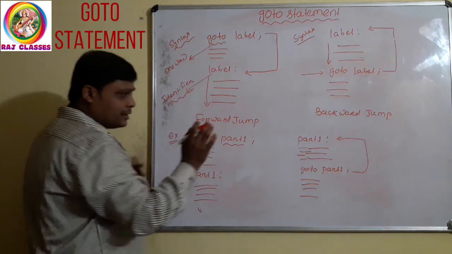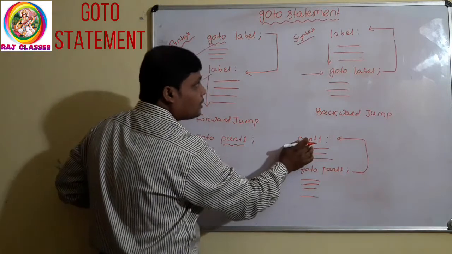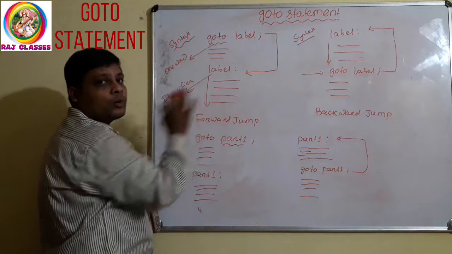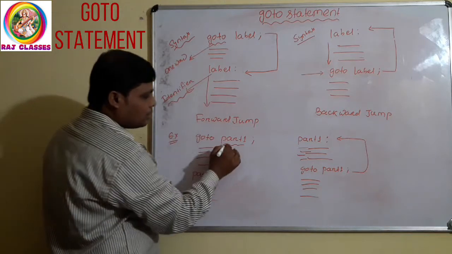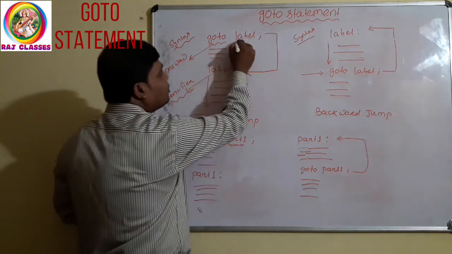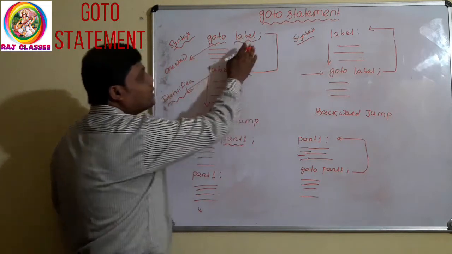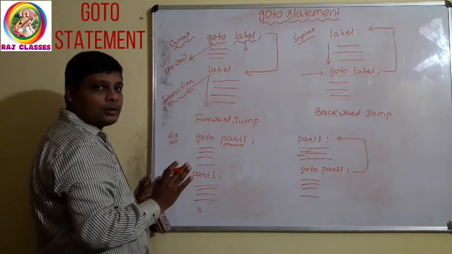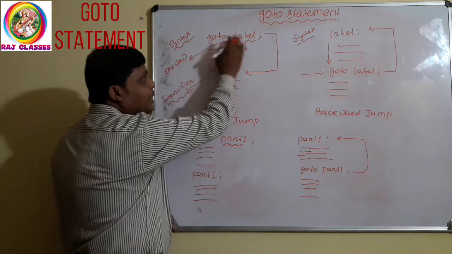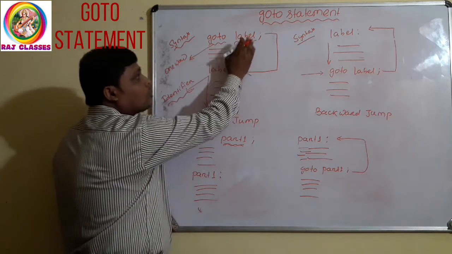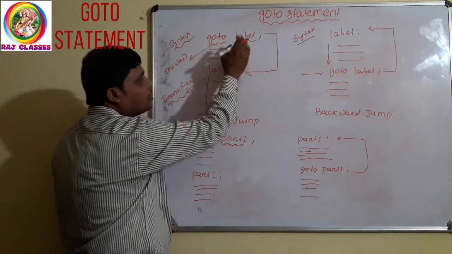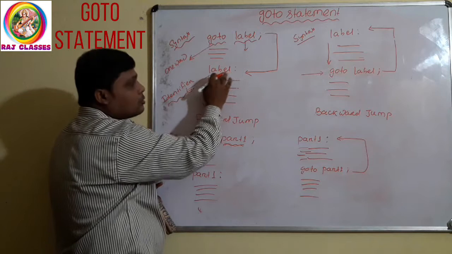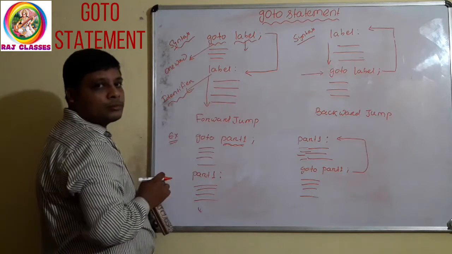Clear? This label, part 1, you can place anywhere inside the program. When this goto label statement executes, it will transfer to the place where the matching label is found.